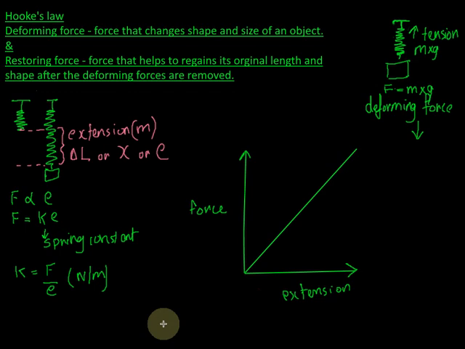Now I am going to find the gradient here. So this is delta E and delta F. The gradient is equal to delta F over delta E, which is equal to F over E, which is the same as the spring constant.